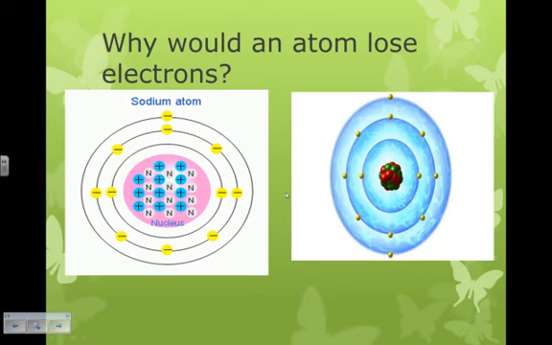Well, we're looking at sodium here, and sodium has 1 outer shell electron, and remember we call the outer shell electrons valence electrons. And if we look over here beside sodium, this would be magnesium, and it would have 2 valence electrons.